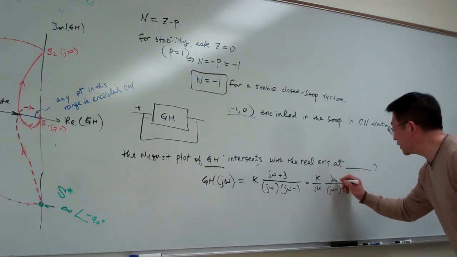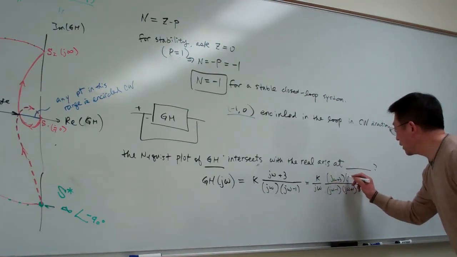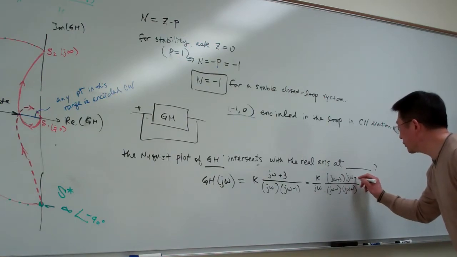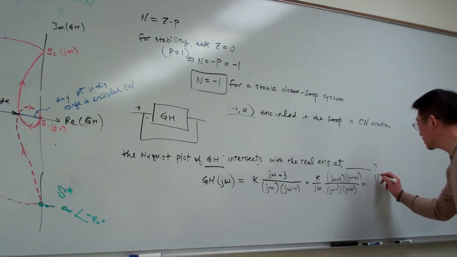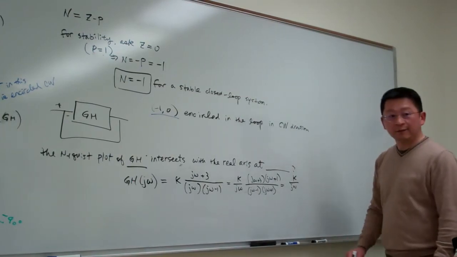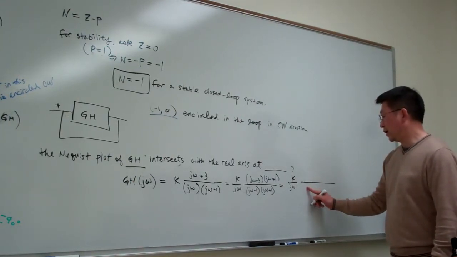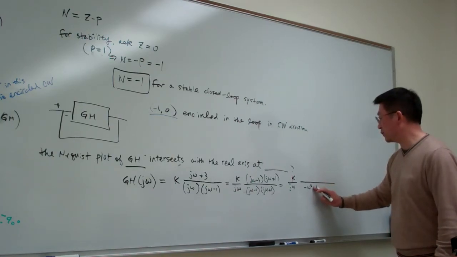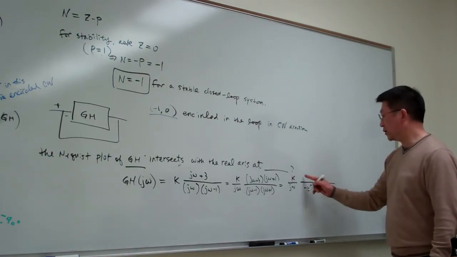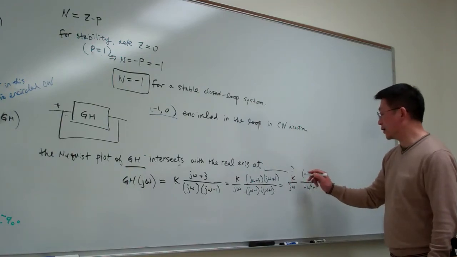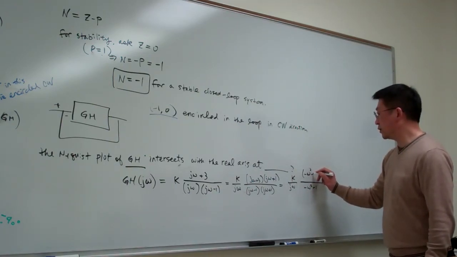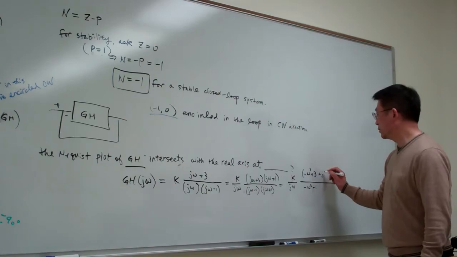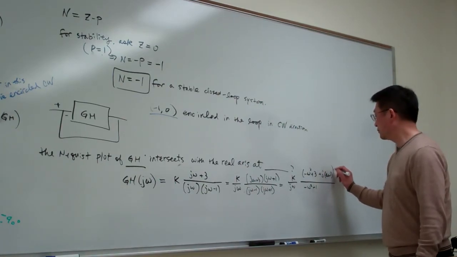So that is K j omega times minus omega squared plus 1 minus 1, and this one will be equal to minus omega squared plus 3 plus j4 omega. Be good?